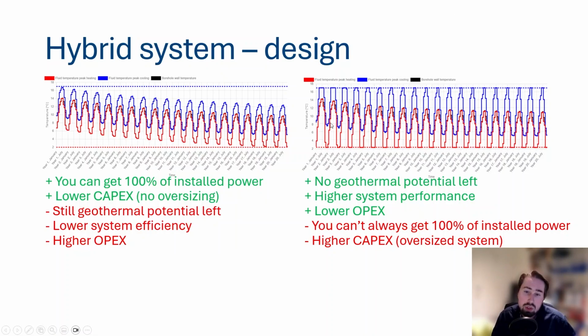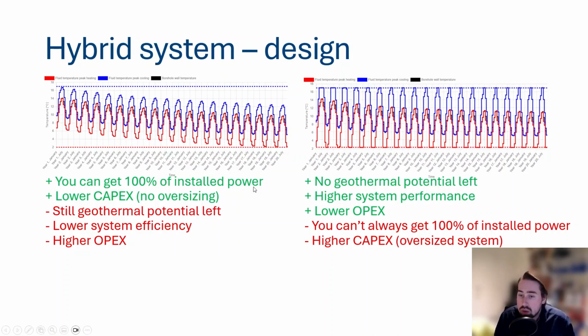Because we've installed extra power to exchange the energy in the first years and in the last year, but the power we can get from the ground in the first year is different from the one in the 10th year or in the 20th year. So we have to compensate for that in our hybrid system. So let's say that in this case we install, for example, 300 kilowatts of heating of ground source heat pump.